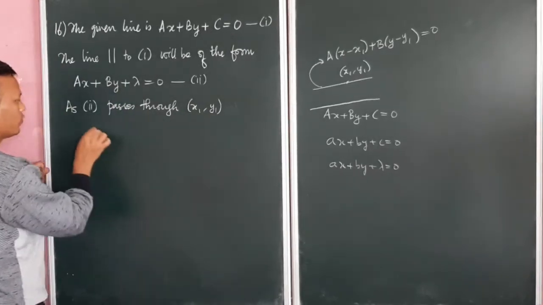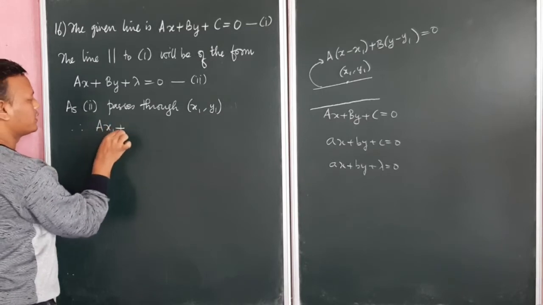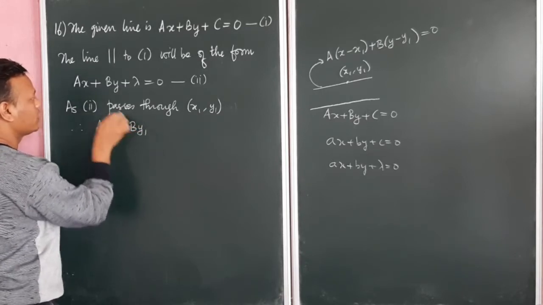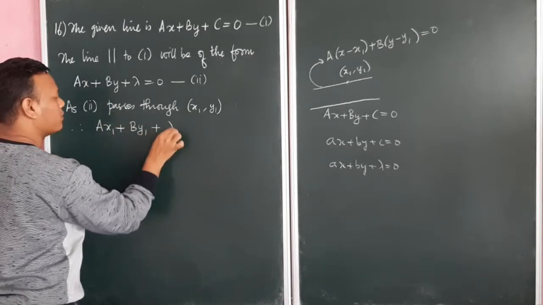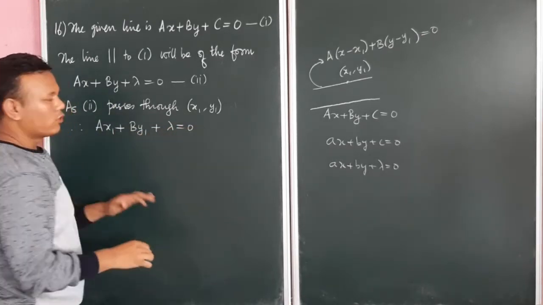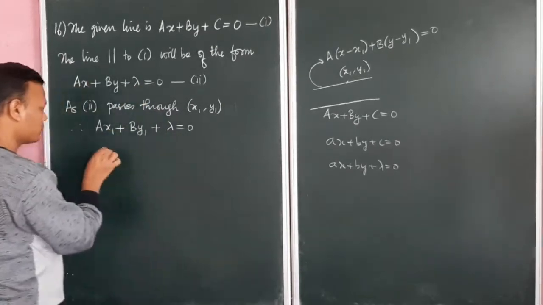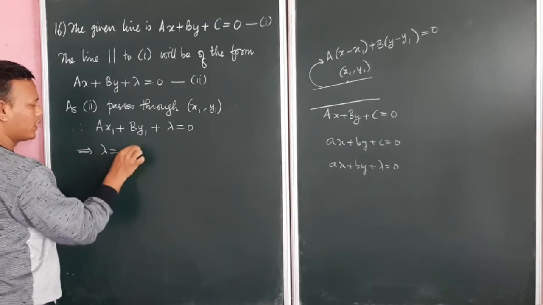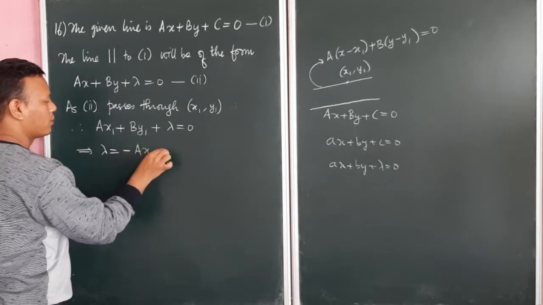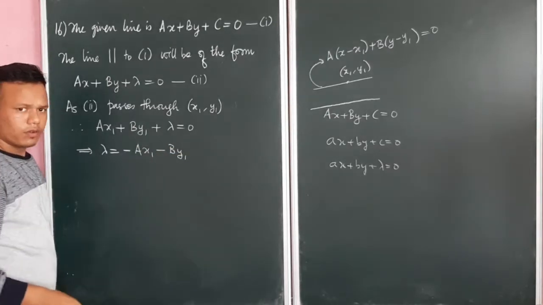Therefore we have ax1 + by1 + lambda = 0. And what is our aim? Our aim is to find lambda. So let us find the value of lambda from here. This means that lambda will be equal to -ax1 - by1. So this is the value of lambda.